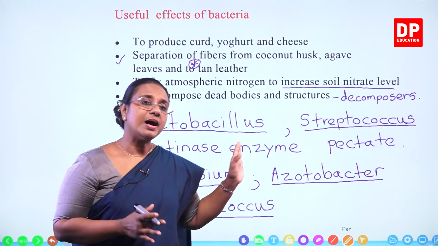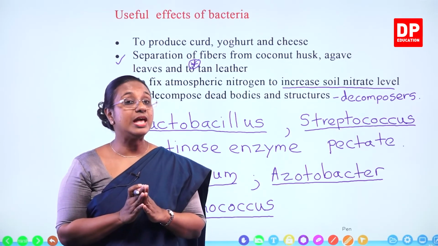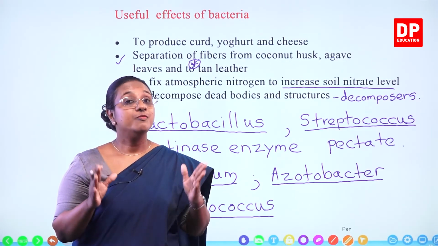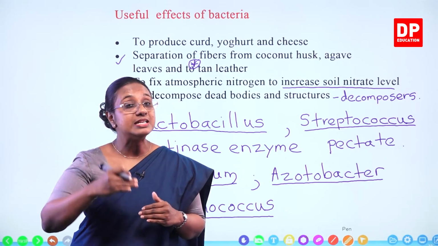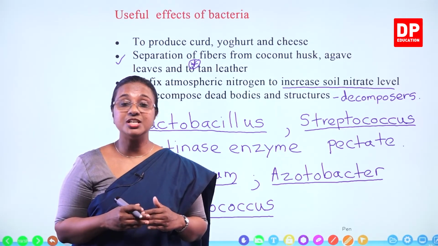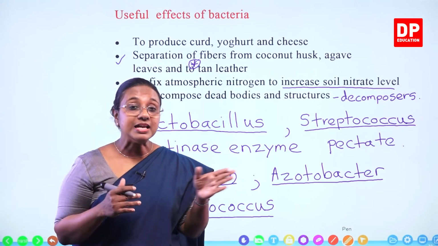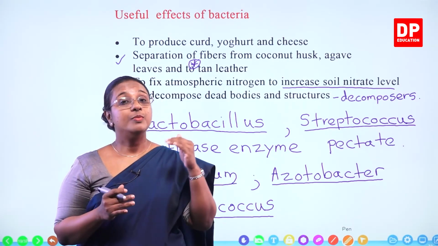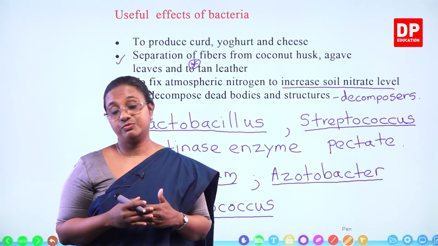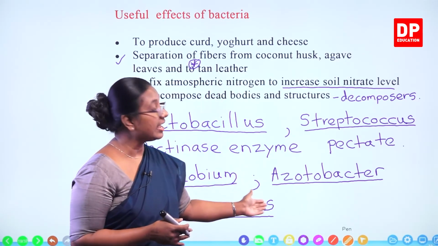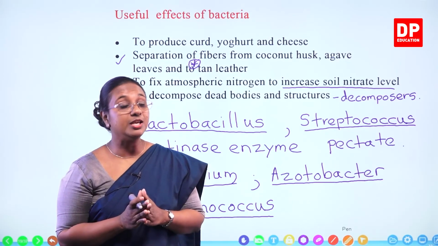Now students, why did we discuss these useful and harmful effects? When I introduced classification, you all can remember under significance of classification, we said that by classifying organisms, we can identify organisms that are economically useful to us. So here you can see some of the economic uses.